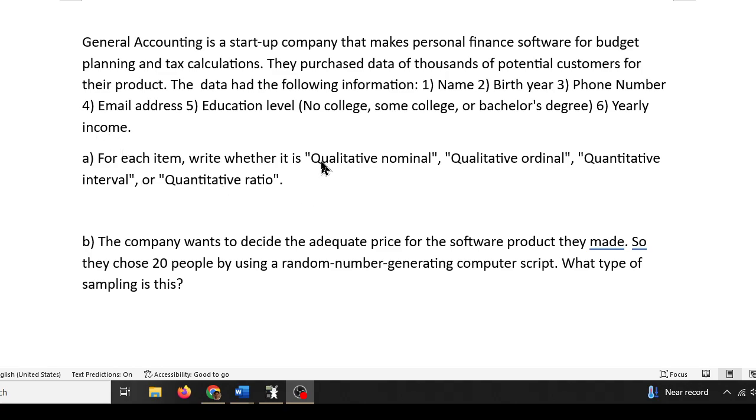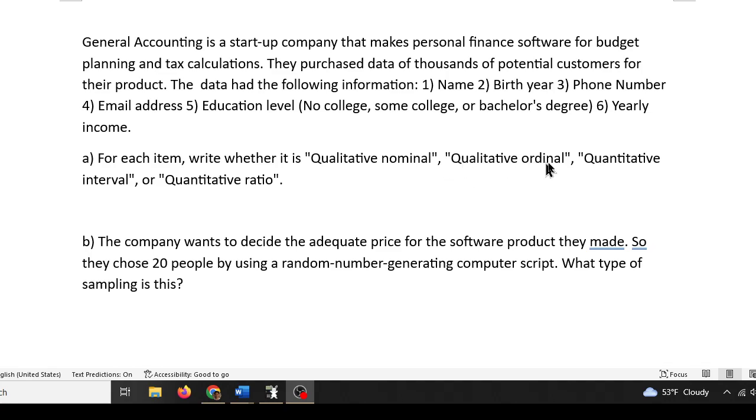Now, for each of the qualitative information, let's look at whether it's qualitative nominal, which means that there is no ordering between different objects, or qualitative ordinal, where it can be ordered.